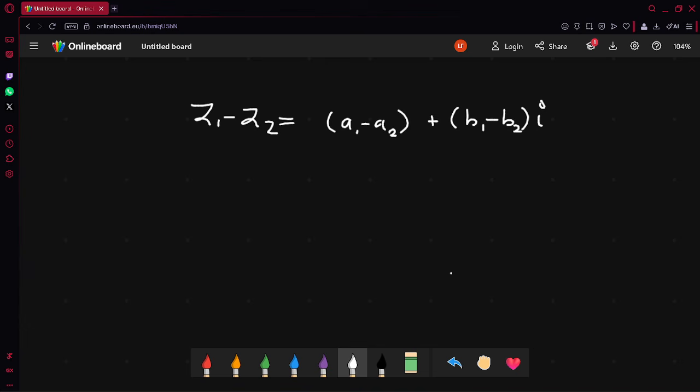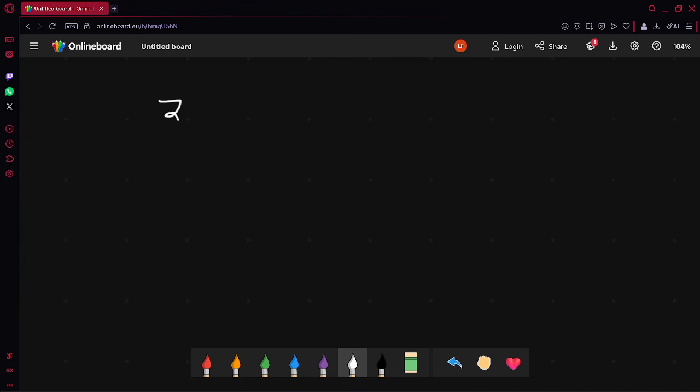Now, what is the complex closure law? This states that z1 plus z2 is a complex number for all complex numbers z1 and z2. What does that mean? z1 belongs to complex numbers, and z2 also belongs to complex numbers. This means that z1 plus or minus z2 also belongs to complex numbers. And the reason for this is pretty obvious.